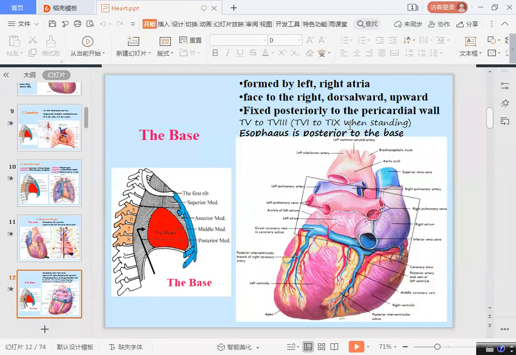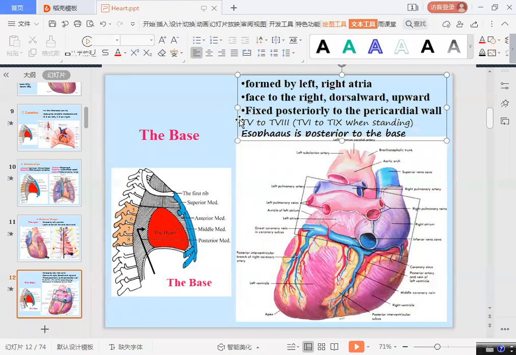Even when we are in a sitting position, the abdomen is compressing the thorax. When it compresses the thorax, the heart moves upward. So when a patient is sitting, or a cadaver, or somebody is lying flat, it is fixed posteriorly between T5 to T8.